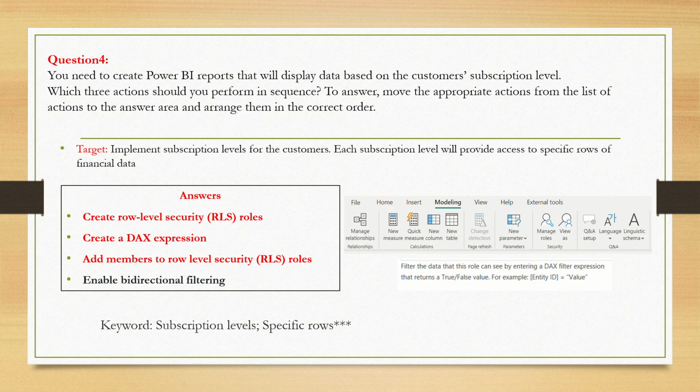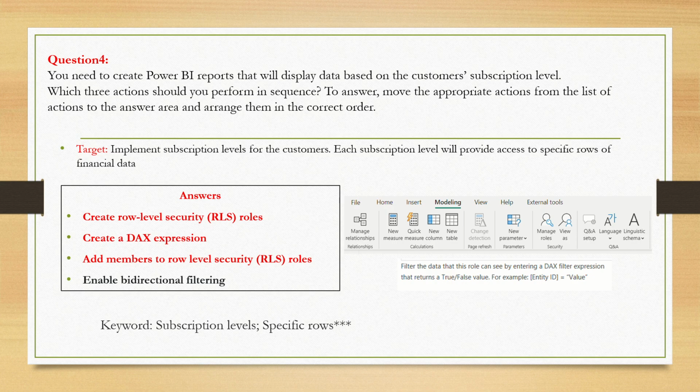With the static RLS, you group your users according to a set of attributes and you apply a predetermined set of rules to those users. But with your dynamic RLS, you have a user and you apply a predetermined set of rules to that user. So that's what it means basically.